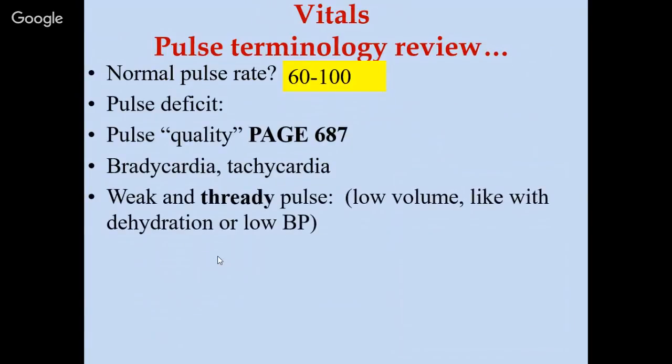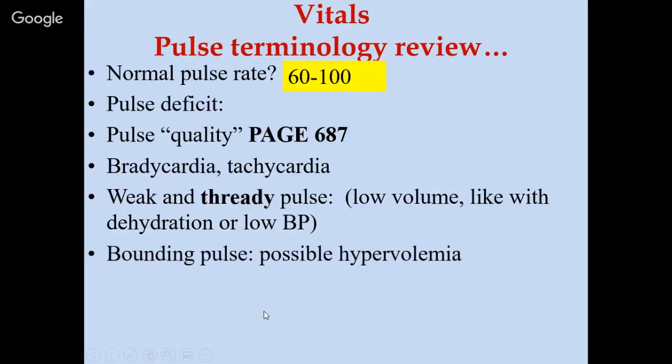Weak and thready pulse, low volume, like with dehydration or low blood pressure. Bounding pulse, this is fluid volume overload. Pulse deficit is the radial beats less than the apical beats. So if the apical beats are 100 and the radial beats are 80, then that's a pulse deficit of 20.